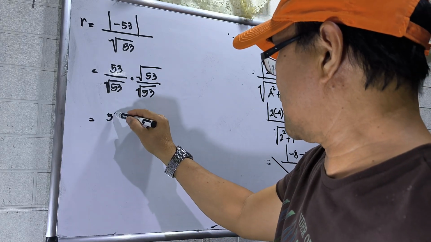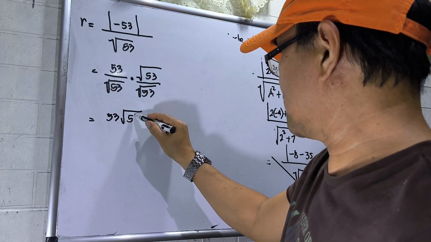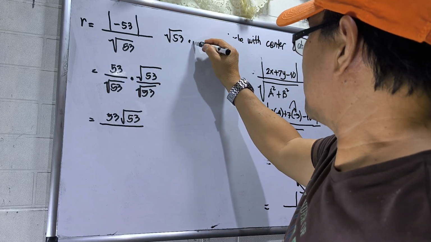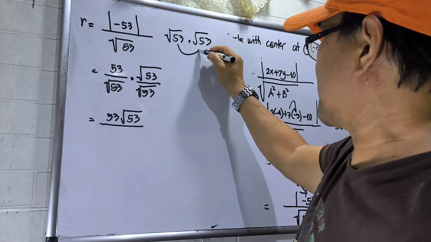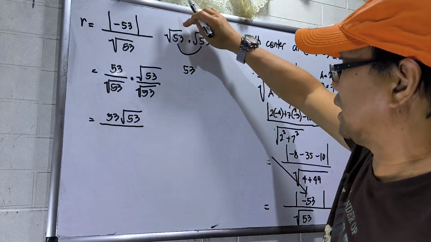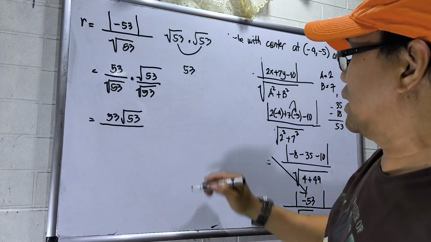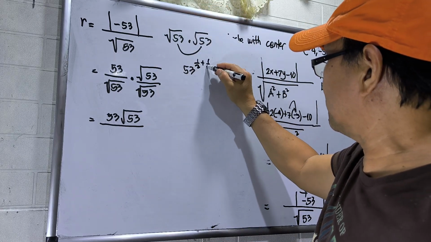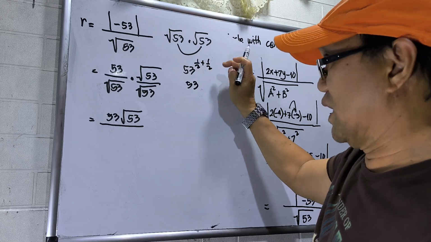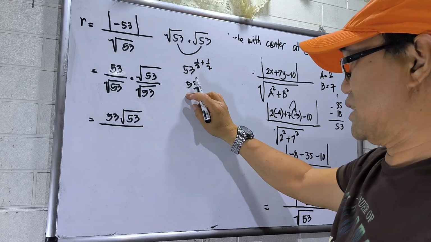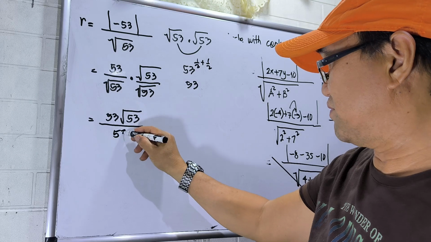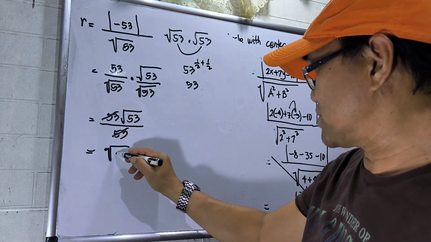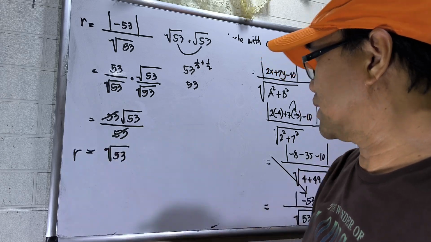The numerator is 53 square root of 53, and the denominator is 53 times 53 with the exponents 1/2 plus 1/2, which is exactly 53. Cross out the numerator and denominator, so the radius is the square root of 53.